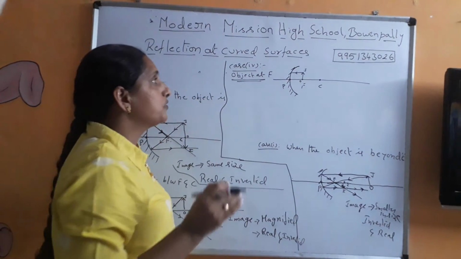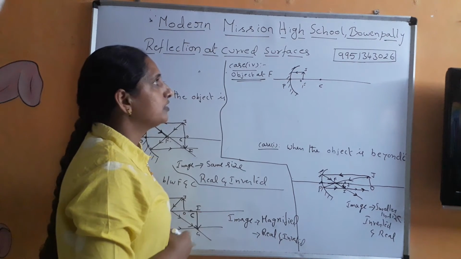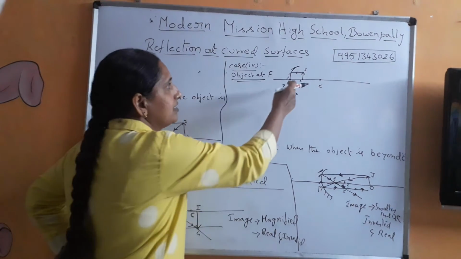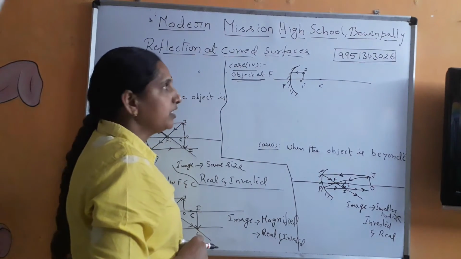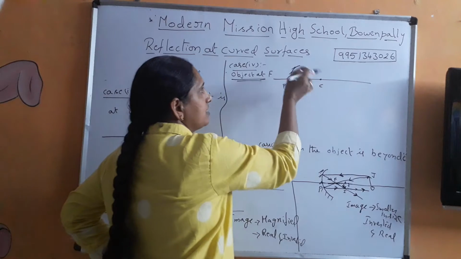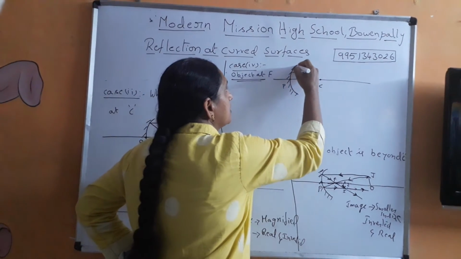How are you going to draw the other ray? You can't draw it passing through the focus. Okay, it will change its location. So I'll take it like this.